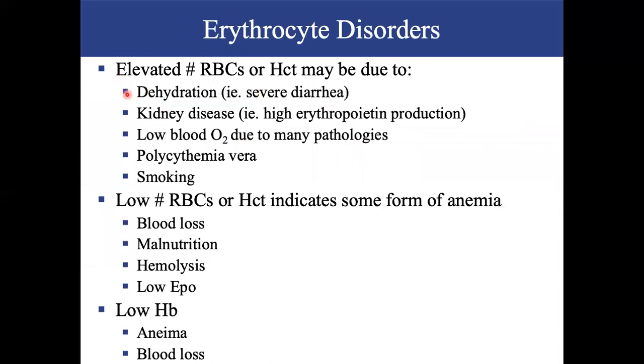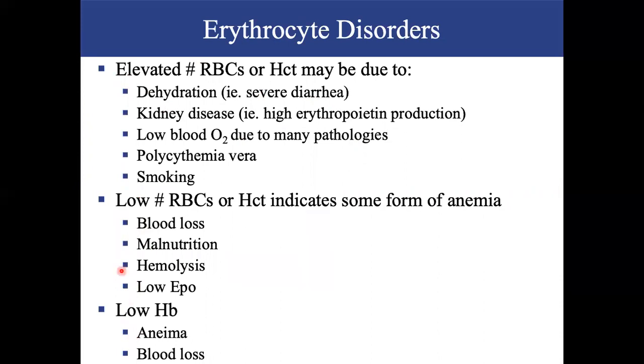Elevated red blood cells can be due to dehydration, kidney disease, low blood O2, polycythemia, and smoking. Depressed could be blood loss, malnutrition, destruction of red blood cells, or not producing enough erythropoietin.